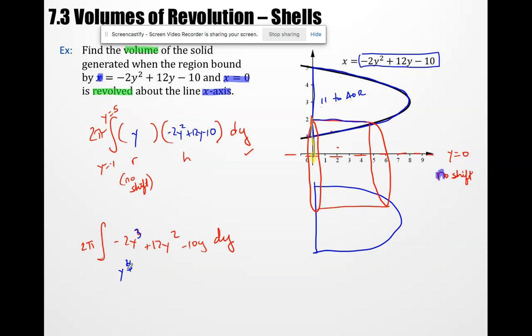So that's y to the 4th over 4, y cubed over 3, minus 10y squared over 2. Again, I don't need plus c since I'm going to do the fundamental theorem, or the integral evaluation theorem, from 1 to 5.